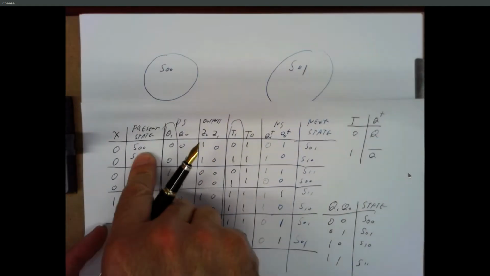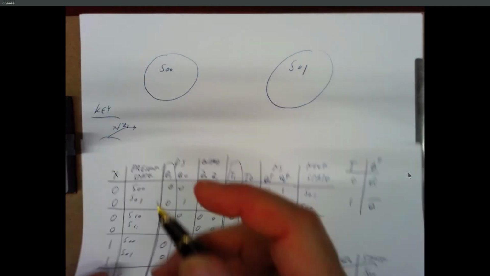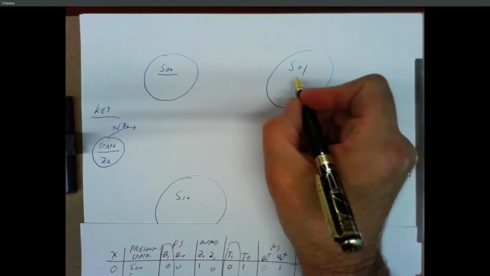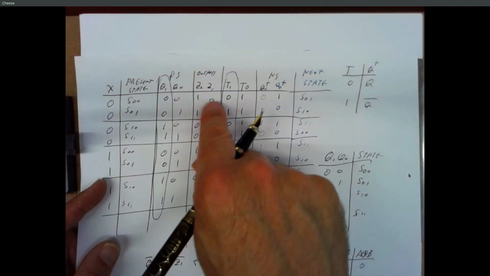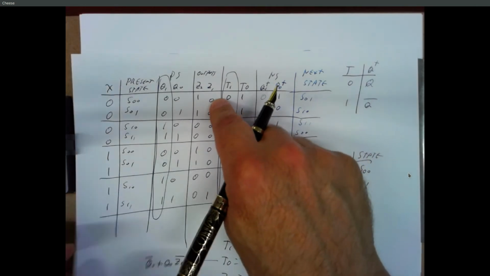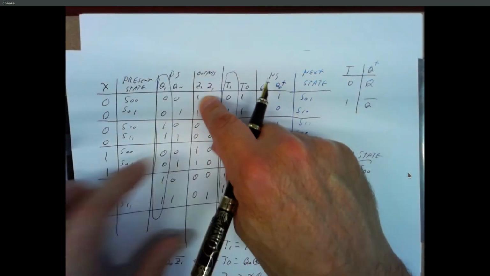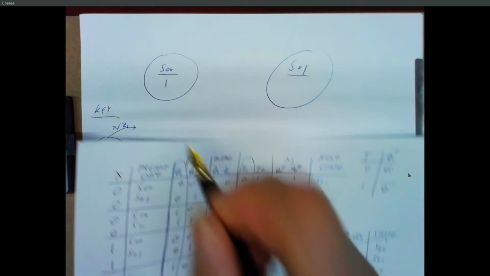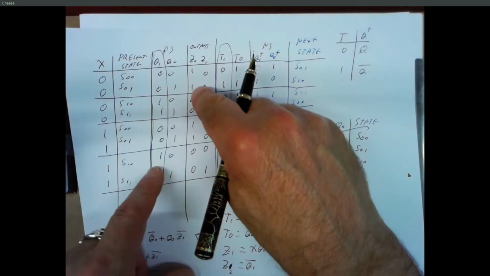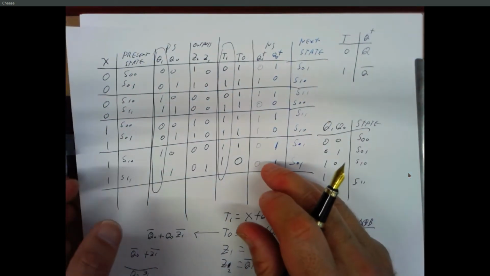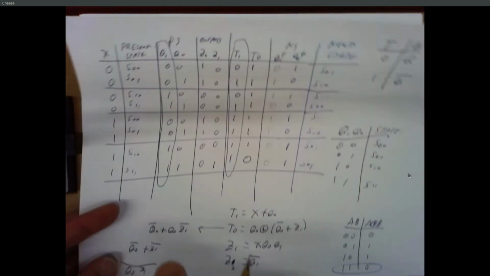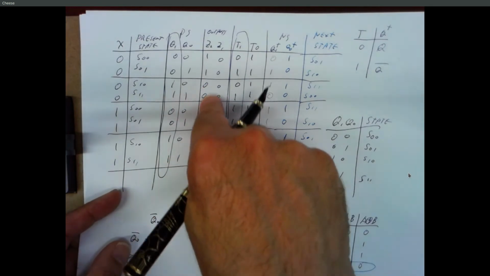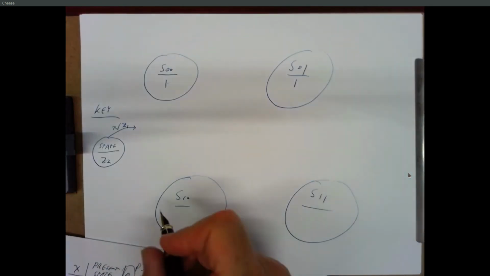All right, state S00. Let's put in the Moore outputs while we're in here anyway. So that's just Z2. So state 00, Z2 should be equal to a 0. Sorry, Z2 is equal to a 1. State 01, Z2 is also equal to a 1. And state 10 or 11, Z2 is always equal to a 0.